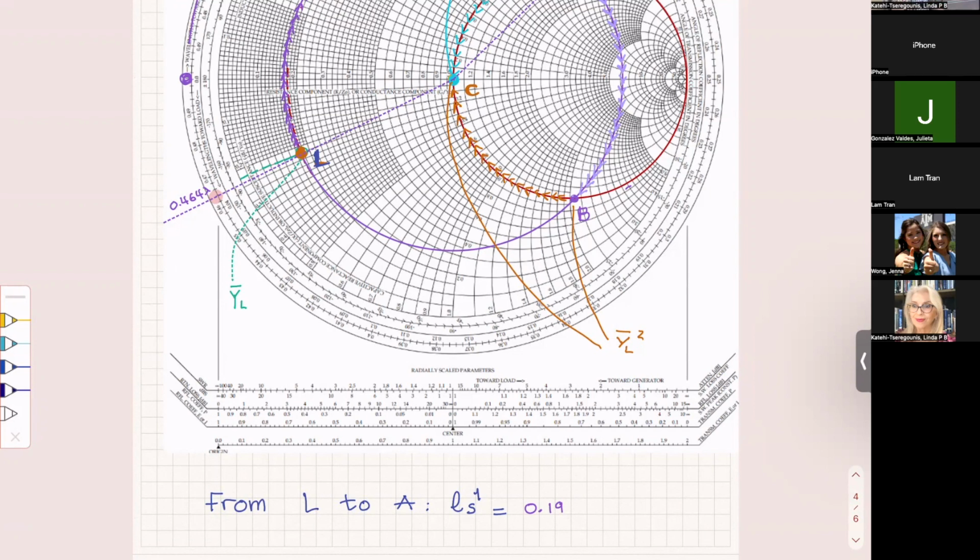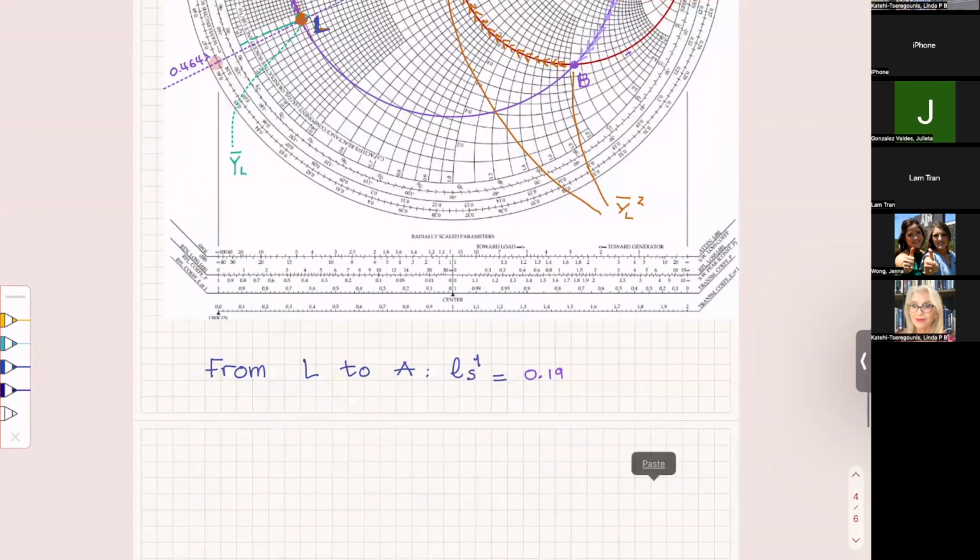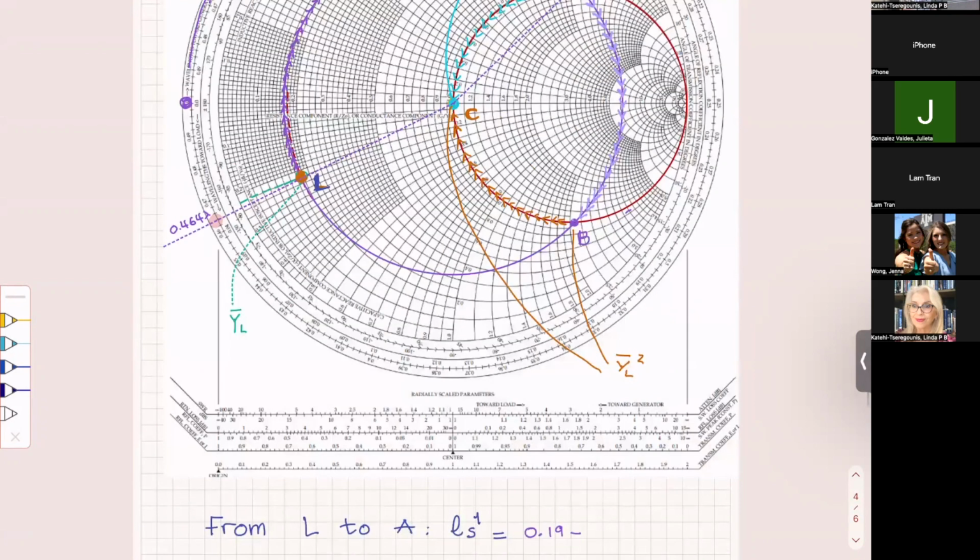Okay, so it's 0.19 minus, and then the distance from here to 0.5, right, is 0.5 minus 0.464, and that's lambda. So practically, let me see how much this is.